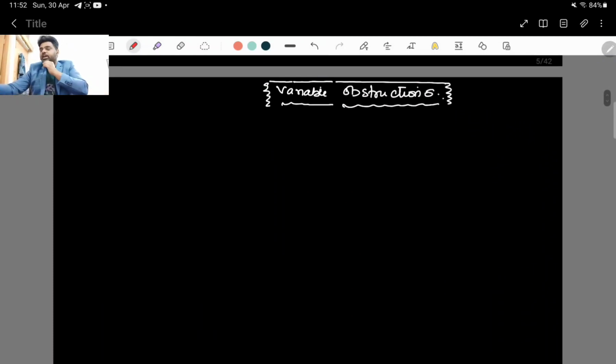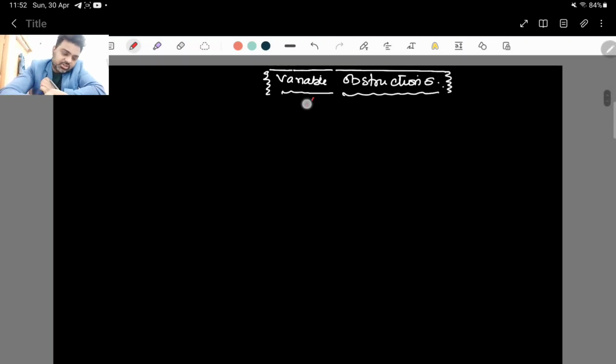Now we'll talk about variable obstruction and their graph. We have to understand some physiology, then we can understand this variable obstruction. We have to understand some points regarding inspiration and other points regarding expiration.